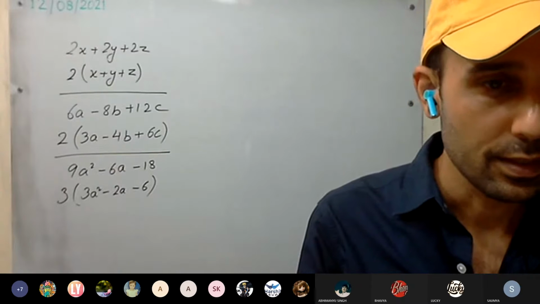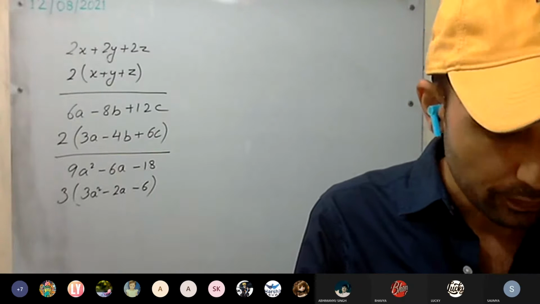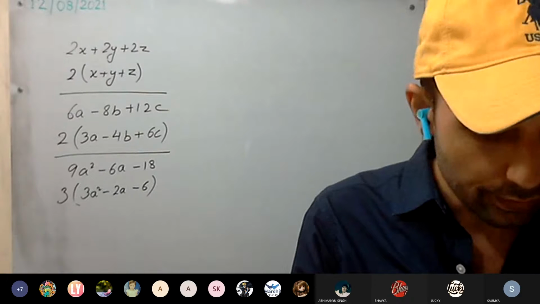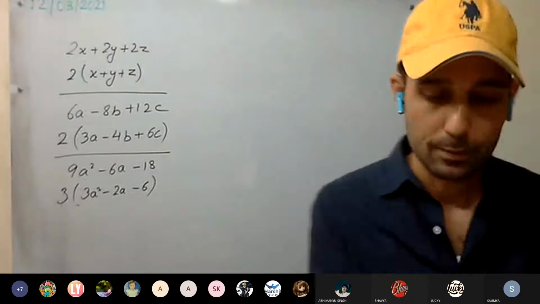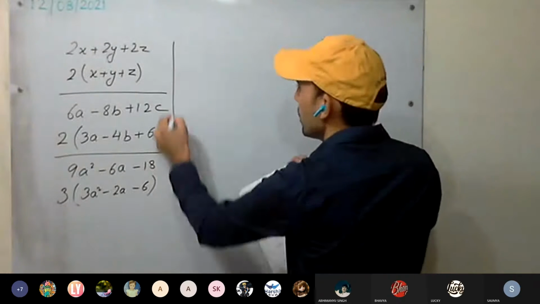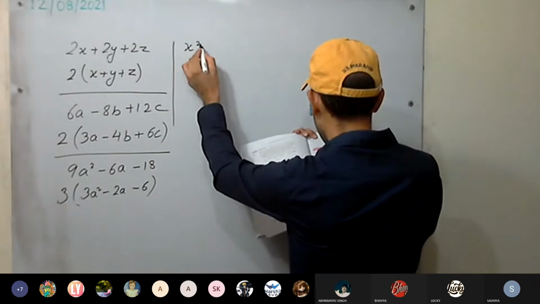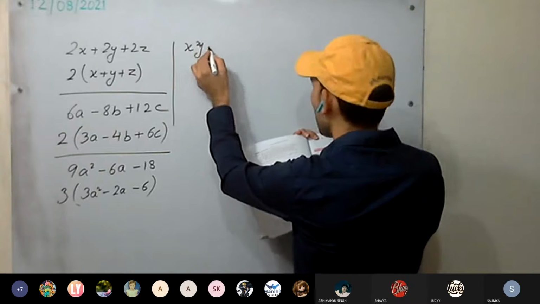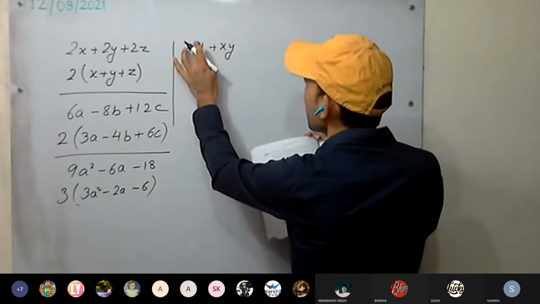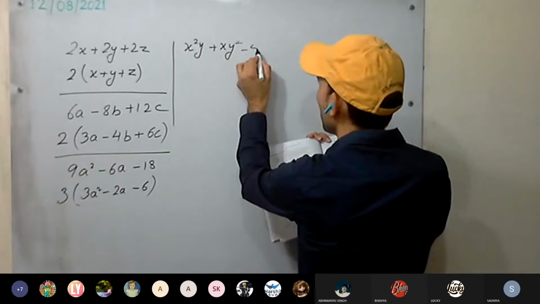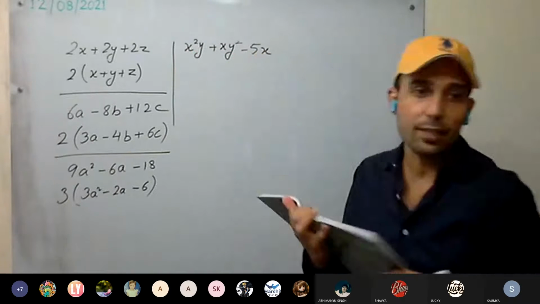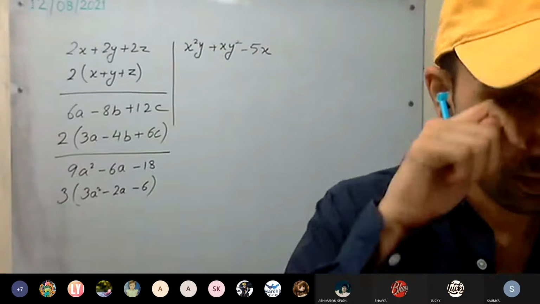Next one, Gargi. Third we have completed. Fourth, first: x square y plus x y square minus 5x. Gargi, unmute yourself and tell me the answer.